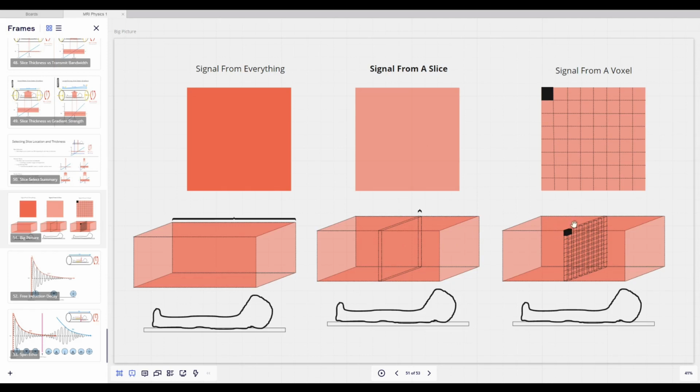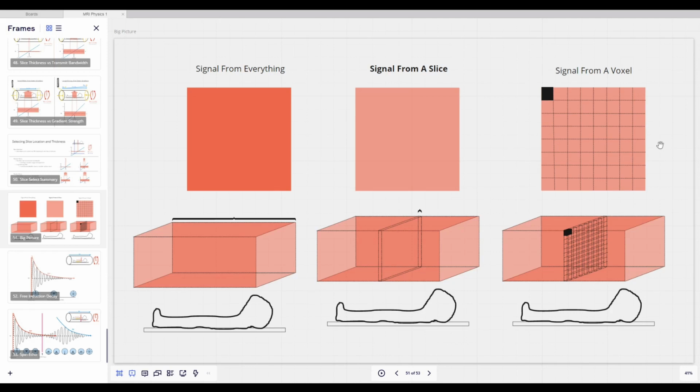Okay. The way we're going to do this, and I'll just spoil it now, is we're going to apply more gradients. Okay. Just kind of like we used a gradient to cut this into smaller pieces here, we're going to use 2 more gradients to take our slice and cut it into this. Okay.